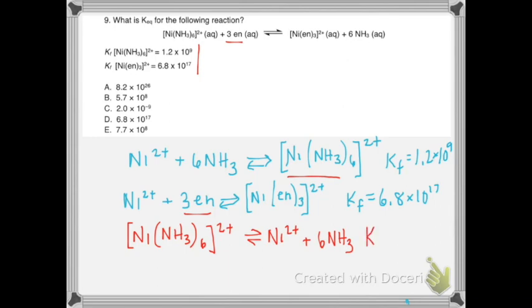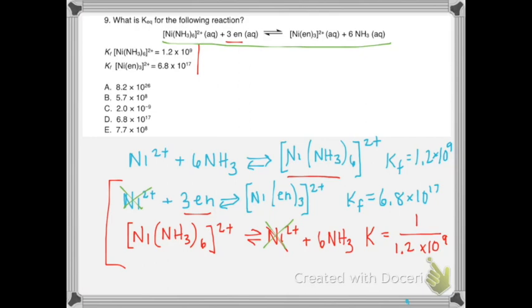So the K for this new reaction that I've written is going to be 1 over the Kf we were given. Okay, so now if we look at the bottom two reactions, we can cancel the nickel. And then what we're left with is just the equation at the top that they're asking us about.